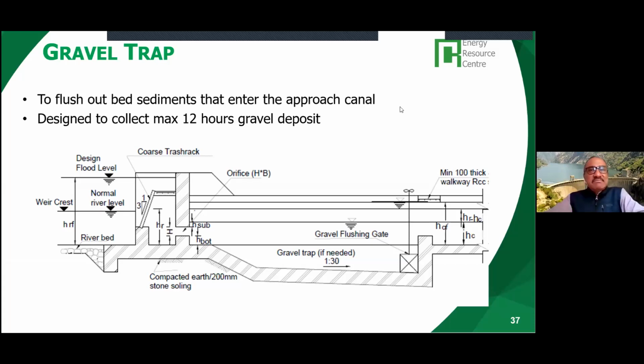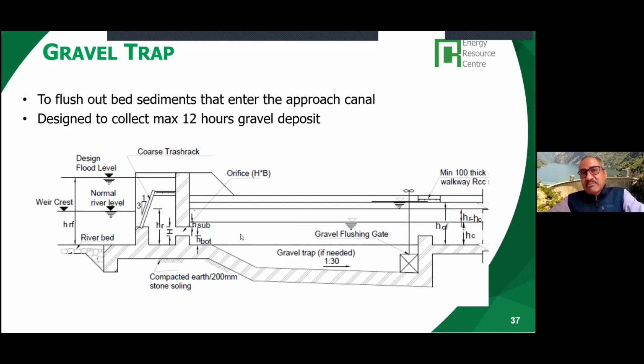So the key part of the gravel trap is you have to decide on the size of the trap required, basically the length and of course the width of the trap, because whatever small gravels and bed sediments enter the intake will flow here, and in this length the velocity is controlled.